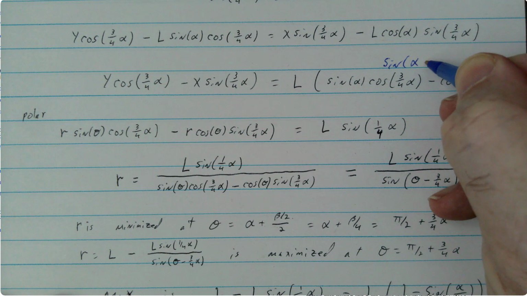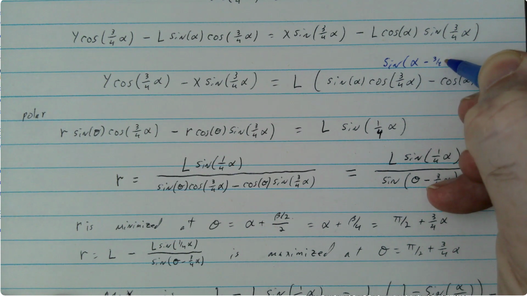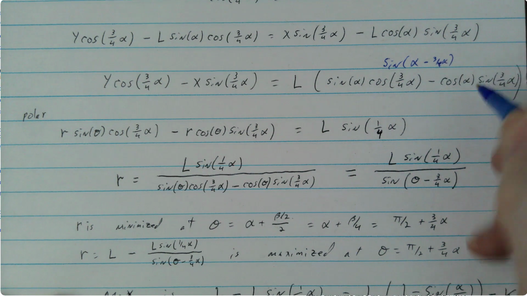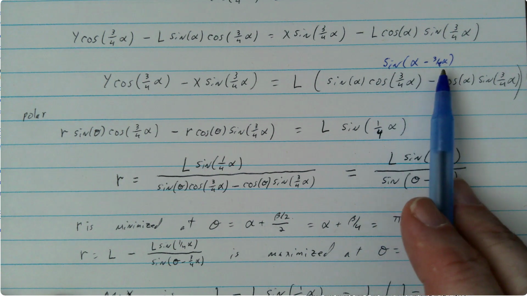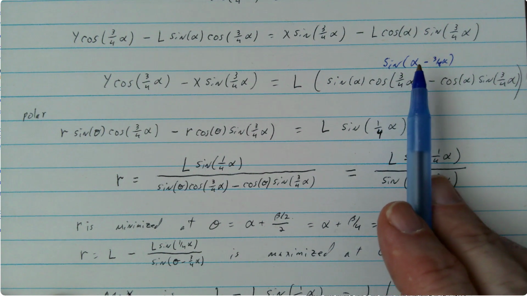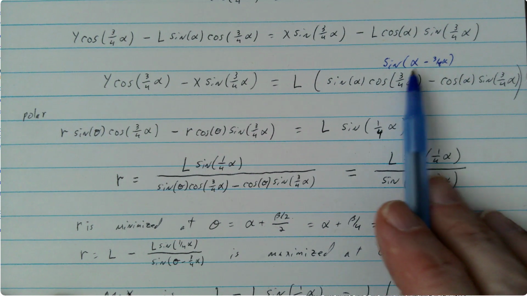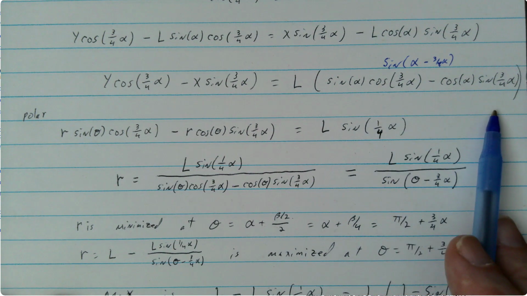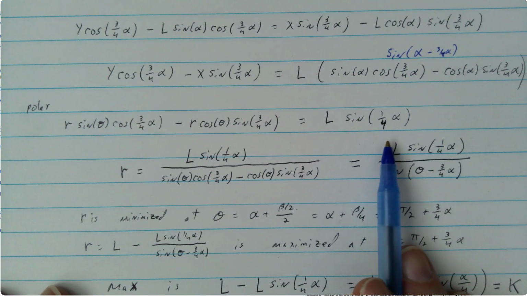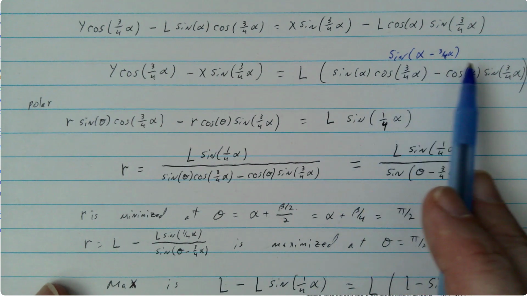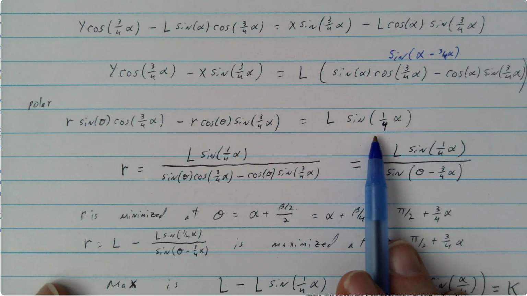Sine of alpha minus 3/4 alpha. Anyway, not readable, but I said it out loud. So sine of alpha minus 3/4 alpha will be sine cosine minus cosine sine. But alpha minus 3/4 alpha is just 1/4 alpha. So this becomes that, which becomes that.